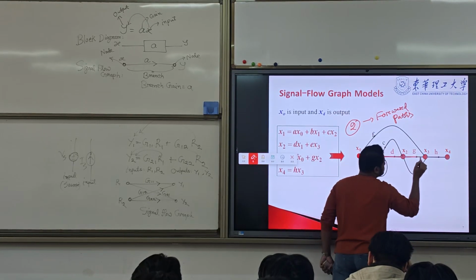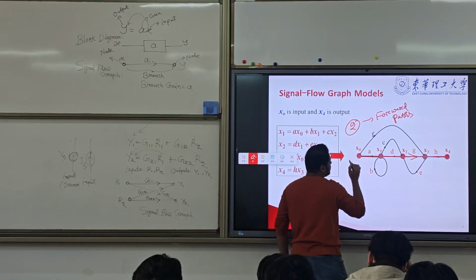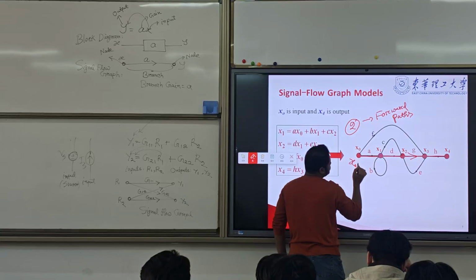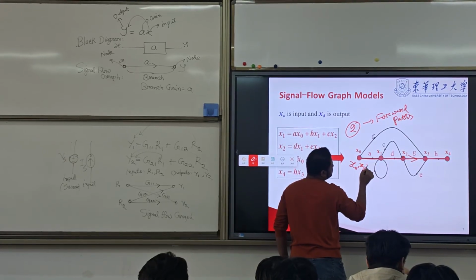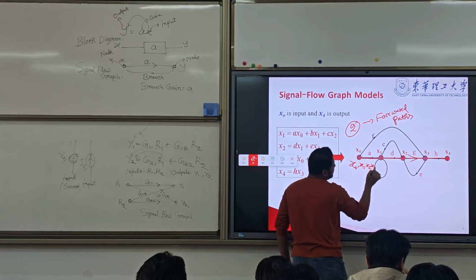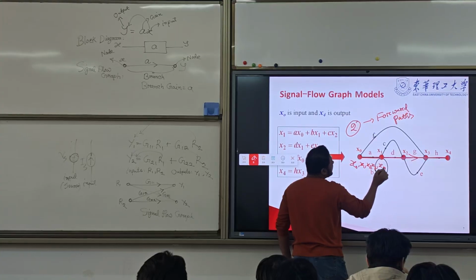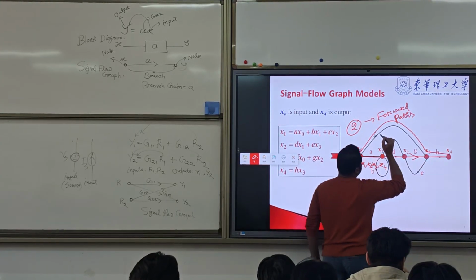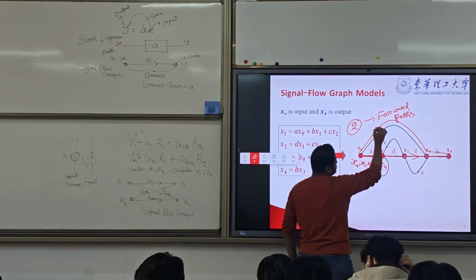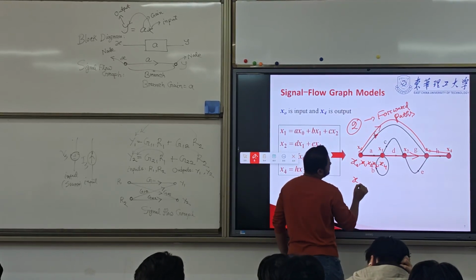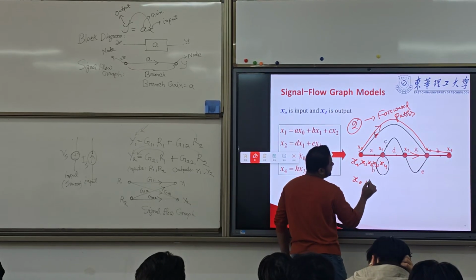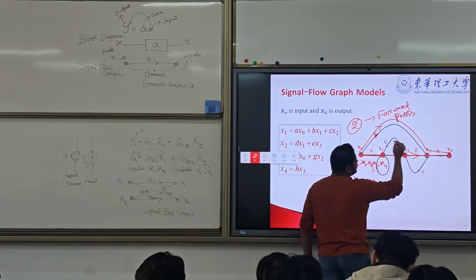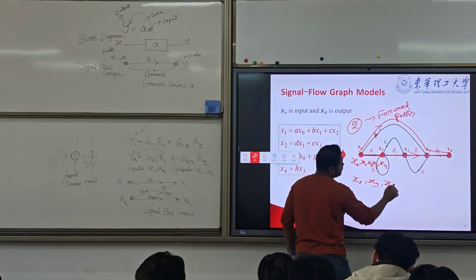One is this, x0 to x1, x2, x3 and x4. And there is one more here. It is forward direction, x0, then what? x3, directly x3, it is going to x3, and then x4.